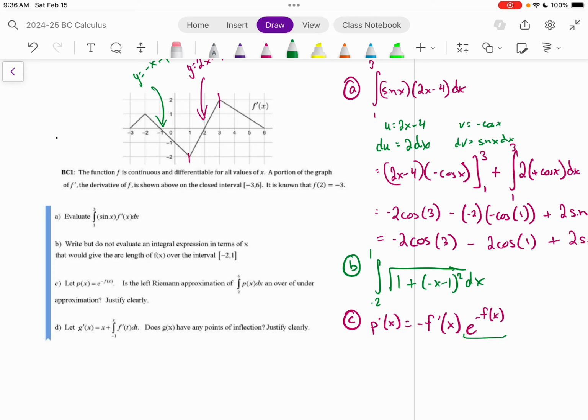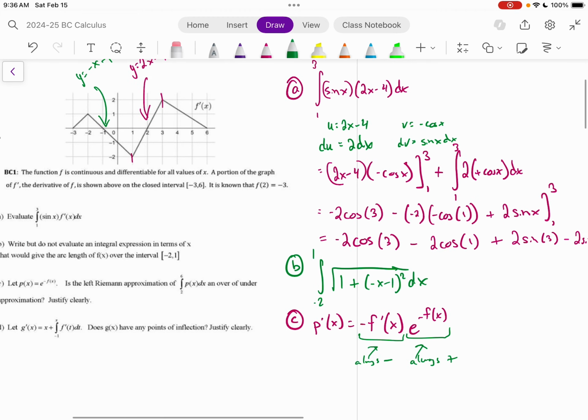This thing here is always positive: e to the anything is always positive. f prime of x, on the interval 2 to 6, is always positive. So the negative of it is always negative. Therefore, p prime of x is less than 0 on 2 to 6.